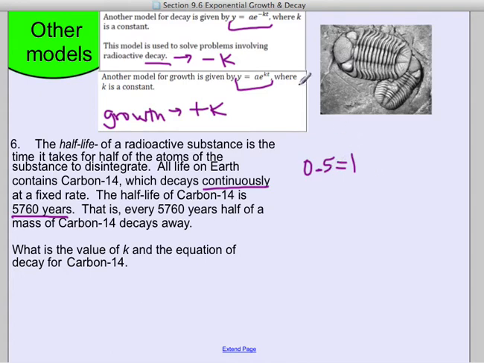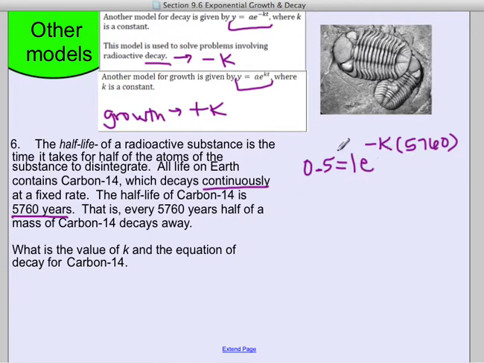Now it's continuous, so my A is 1, so I would have e to the, now it's decay, so I'm going to have a negative k, but I don't know what k is, so negative. And it says it decays half of it away every 5,760 years. So I'm going to use this to solve for k.